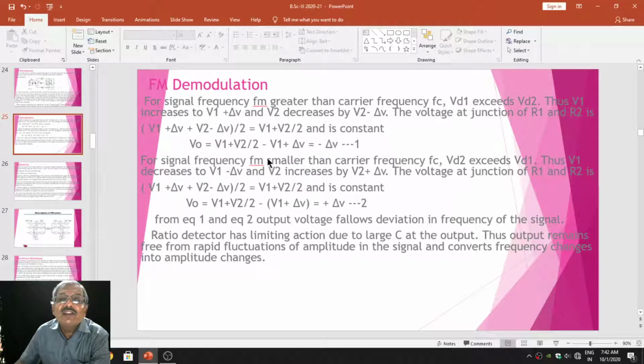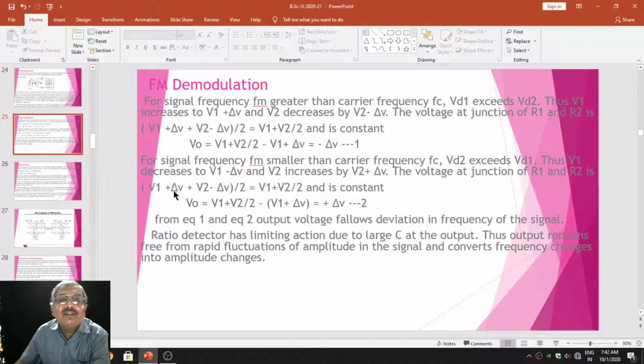If the signal frequency FM is smaller than the carrier frequency FC, then VD2 increases more than VD1. Thus, V1 decreases to V1 minus delta V and V2 increases to V2 plus delta V. The voltage at the junction of R1 and R2 is again the same, that is (V1 minus delta V plus V2 plus delta V) upon 2.